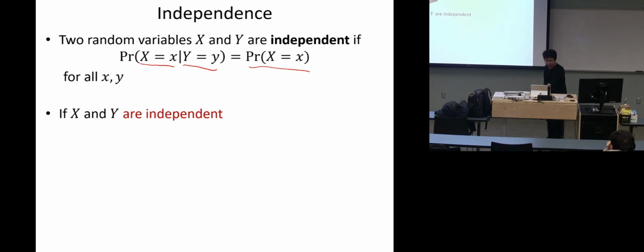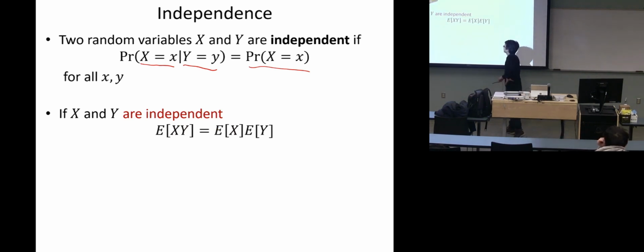Now, if x and y are independent, you get a nice equality too: the expectation of the product xy is the product of the expectations. Note that it's important that x and y are independent.